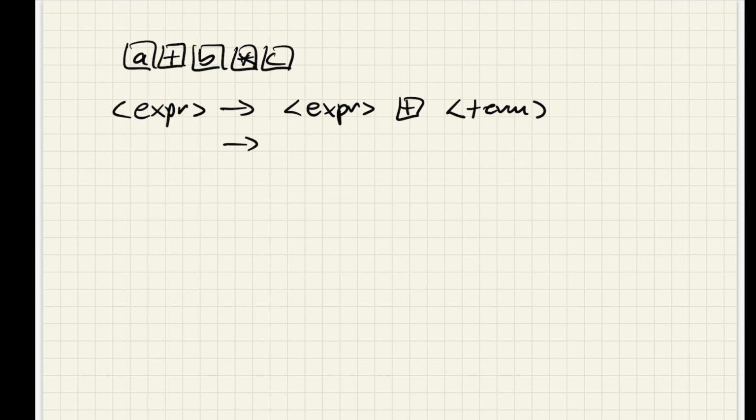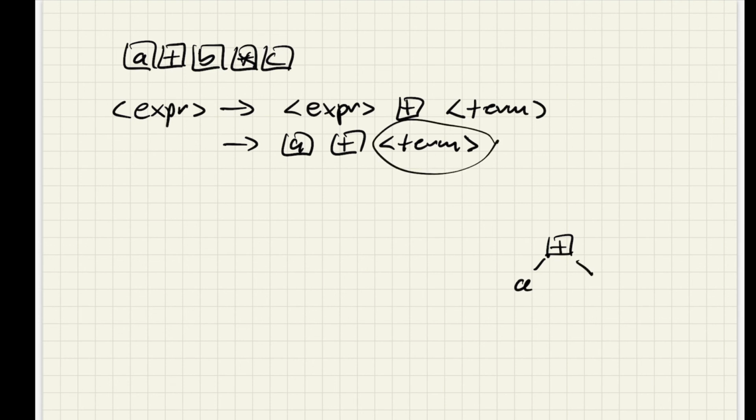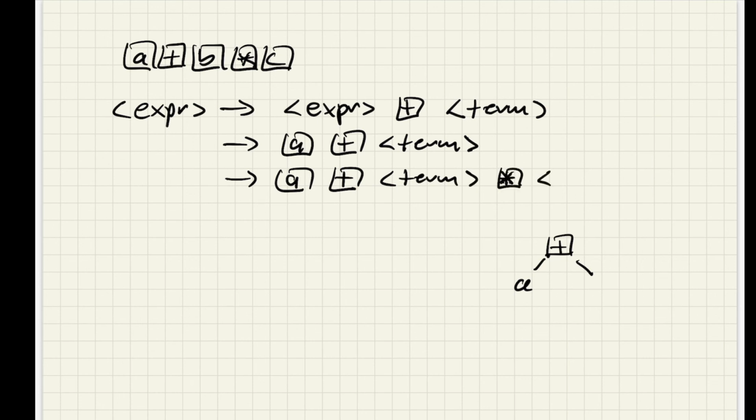And then from this here, I can produce just a term, and from that, I can produce the A. Let's speed things up a bit here. So I end up with the token A, followed by plus, followed by a term. And this means the first node in this tree, the root node, will actually be this plus, with the left child being A, and the right child comes from here. Now here I have to produce, of course, this asterisk. So for that I use this rule that the term can be a term followed by an asterisk followed by a factor.